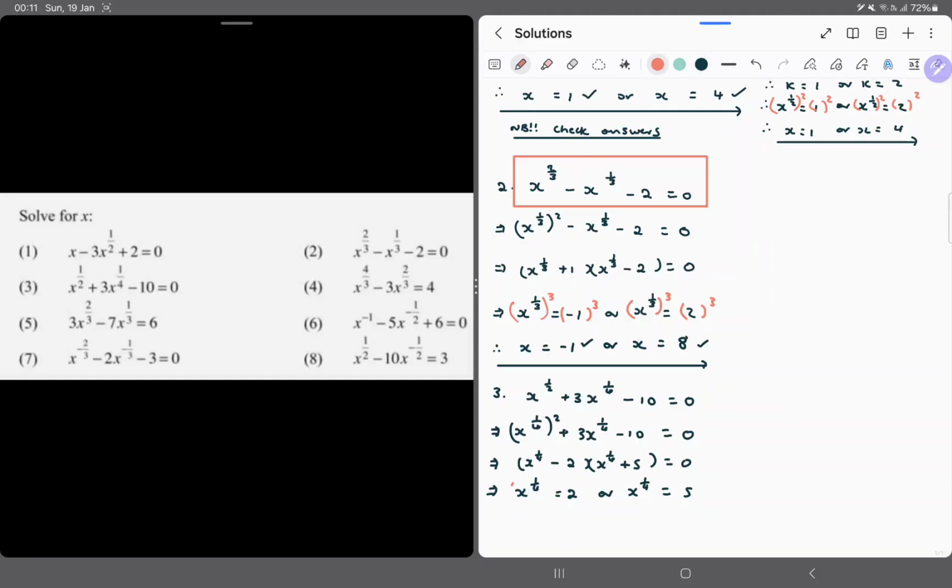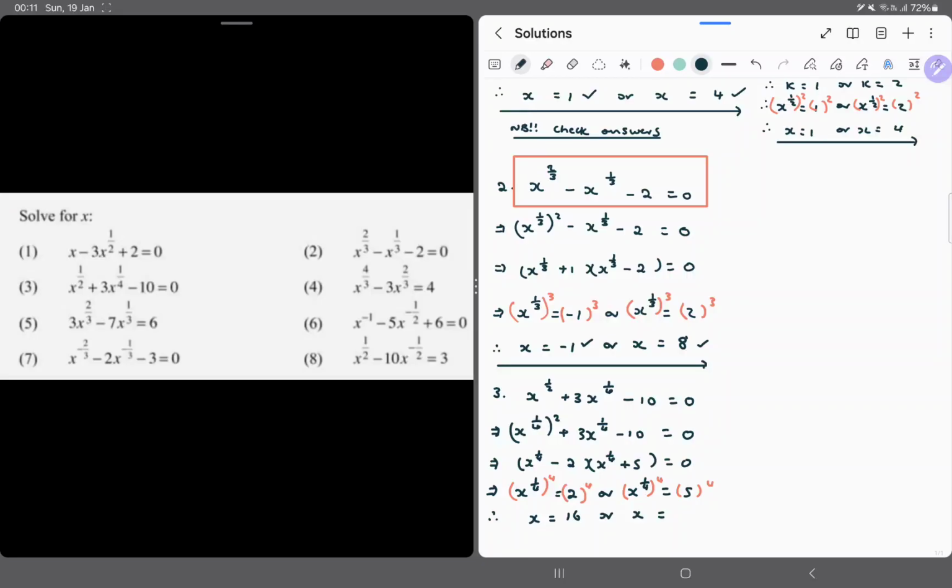Now we do the gymnastics again. To undo this, we just raise that to the exponent 4. Okay, so therefore x is 16, or x is 5 to the 4.